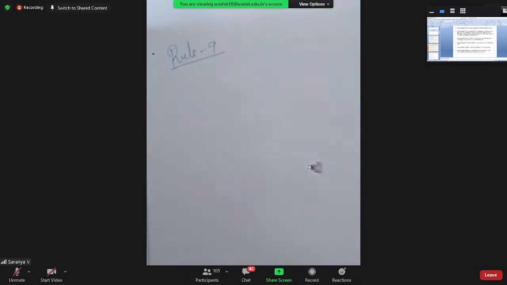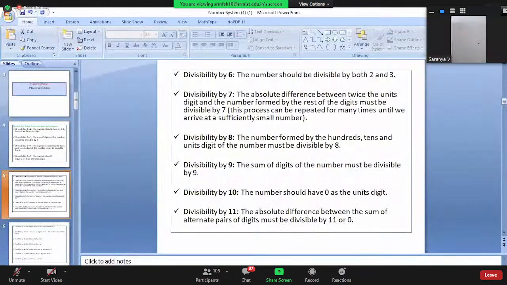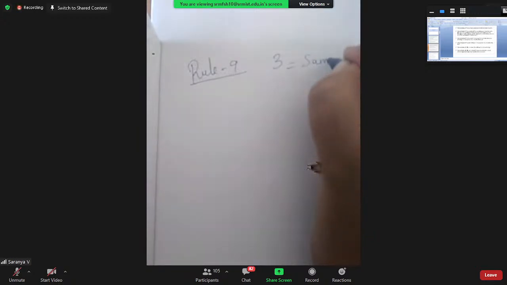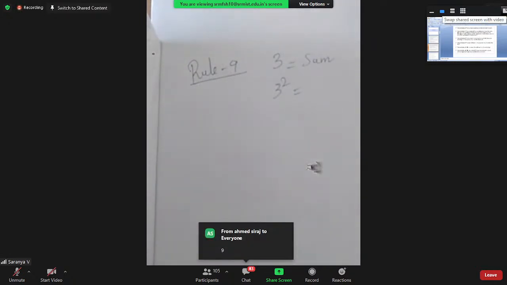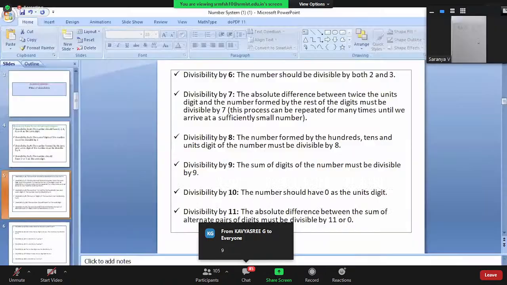You know the rule of 9. Can you guess what the rule of 9 is? 3 sum and 3 square will be what? 9. 3 square is 9.